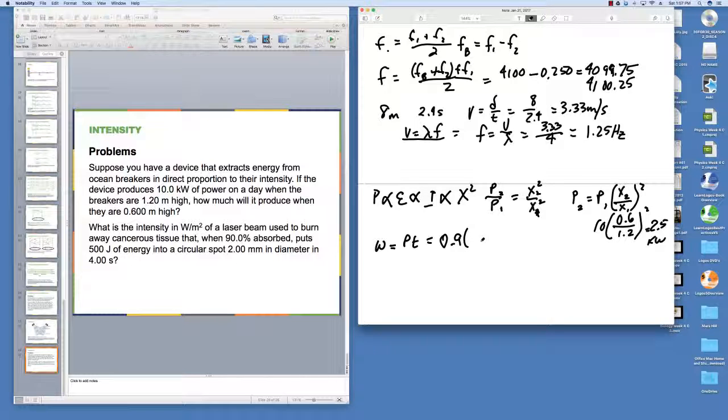So this is equal to 90%, so 0.9, times the intensity times the area times the time.